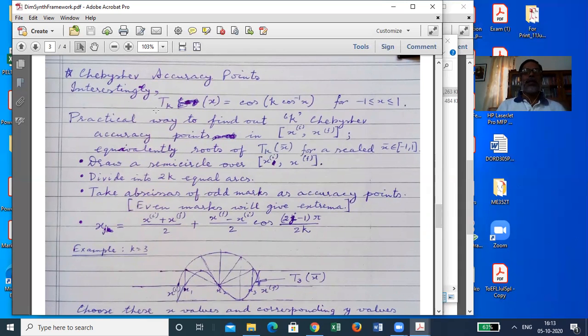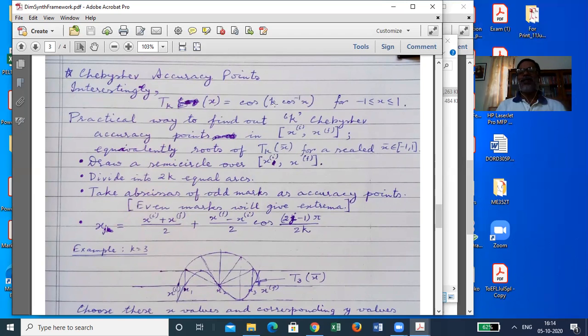Okay, so Chebyshev functions are basically this. Tk(x), for x running from -1 to 1, is cosine of k times cos inverse x. So it turns out to be a polynomial actually. That is very interesting. If you take theta as cos inverse x and put k theta here, then you evaluate cos k theta.